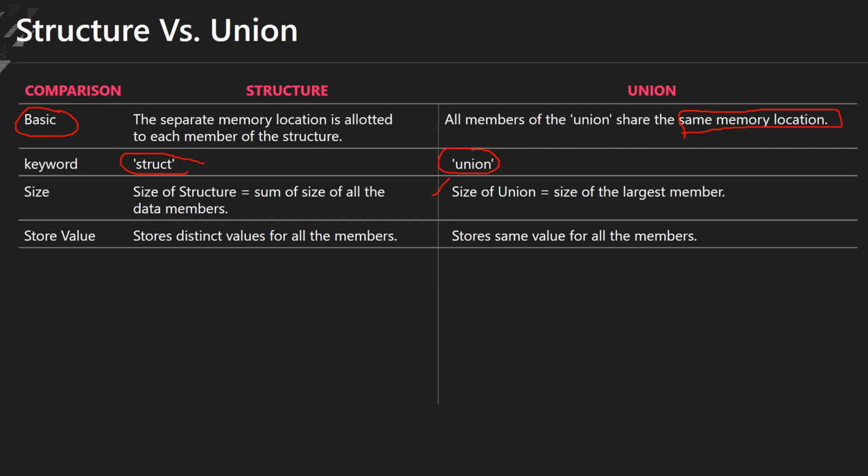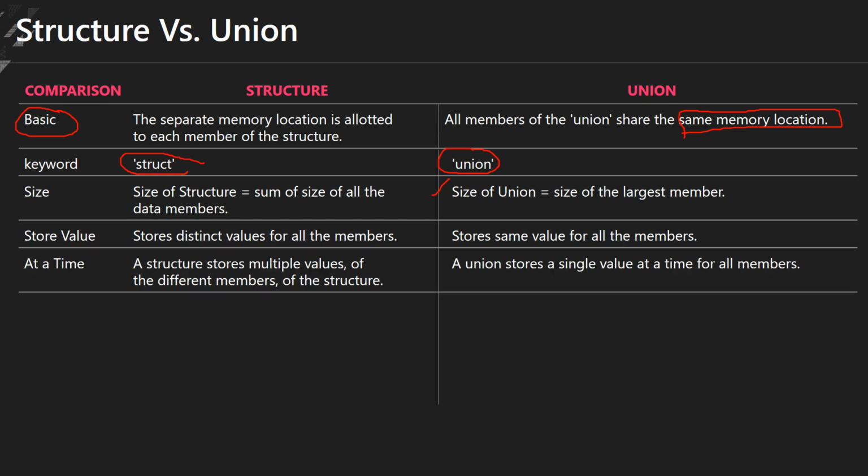A structure stores distinct values for all the members, each allocated in a different memory location. Whereas a union stores the same value for all the members. At a time, a structure stores multiple values of different members, whereas a union stores a single value at a time for all the members.